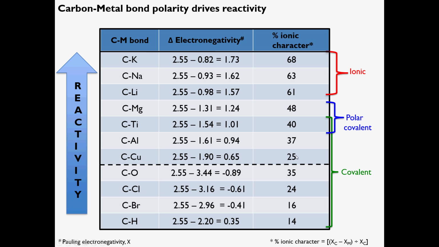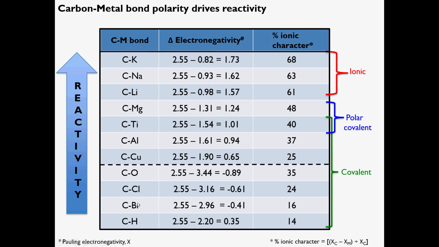For comparison, I've just thrown in down the bottom here under the dotted line some common organic bonds between carbon and oxygen, carbon and chlorine, carbon and bromine, and the classic organic bond between carbon and hydrogen. This is just a reference point to show you how ionic and how reactive the bonds are at the top end of this table.